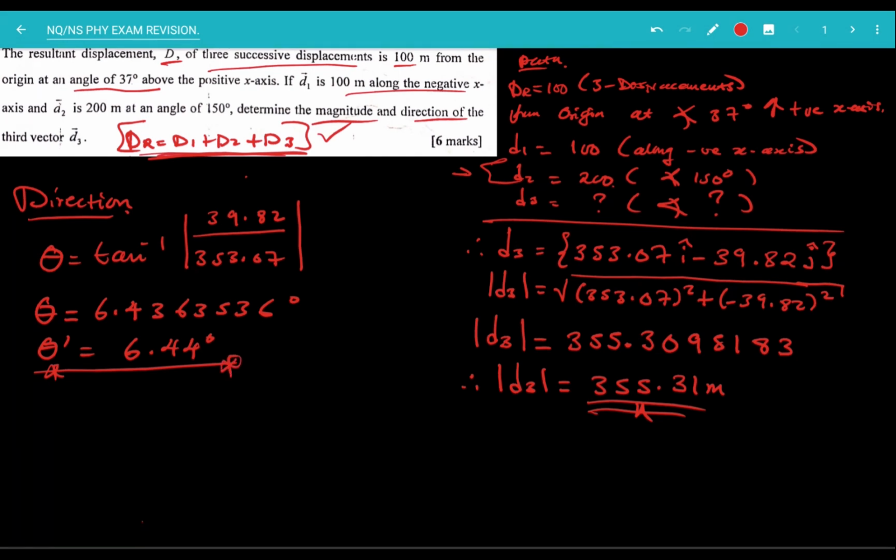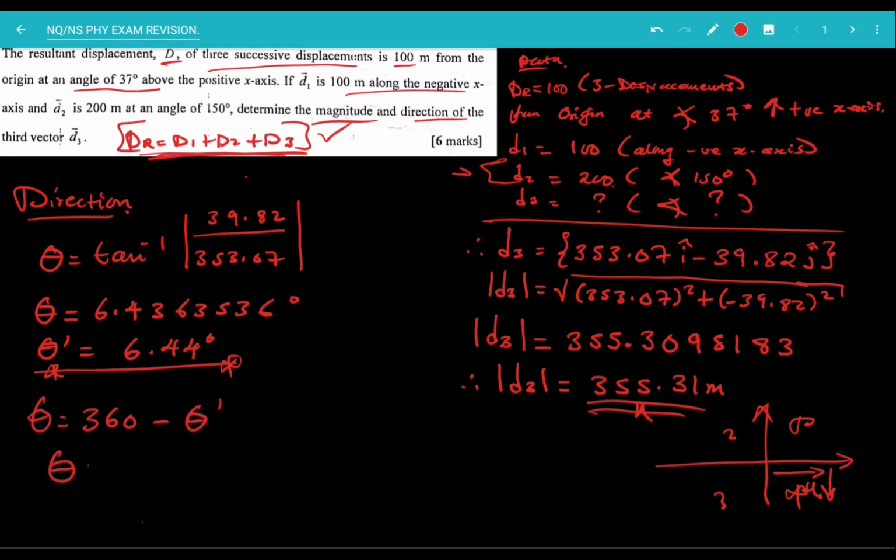It doesn't really add up. So why is it not adding up? Because if you look at the position of D3, if I were to put this on a Cartesian system, I'm moving in the positive I, but going in the negative J. So I'm not in the first, not in the second, not third, but in the fourth quadrant, which means that theta is equal to 360 minus theta prime.